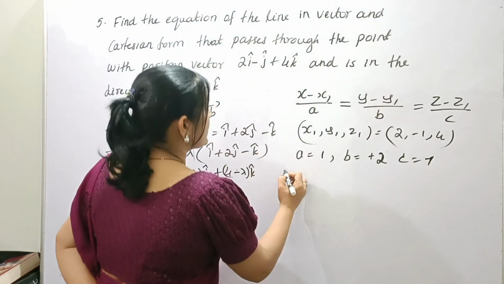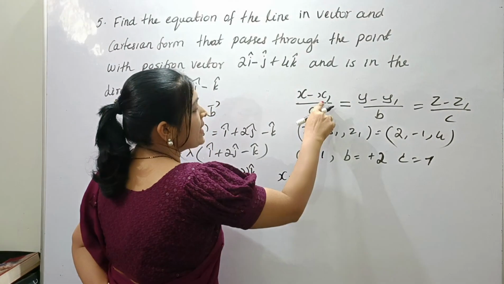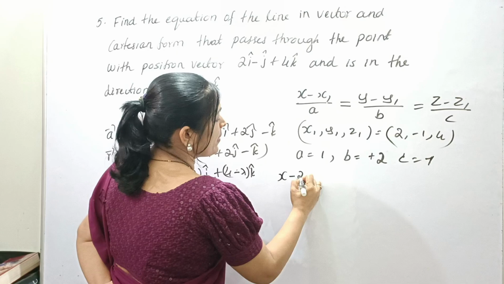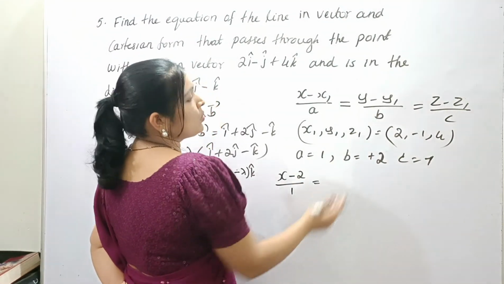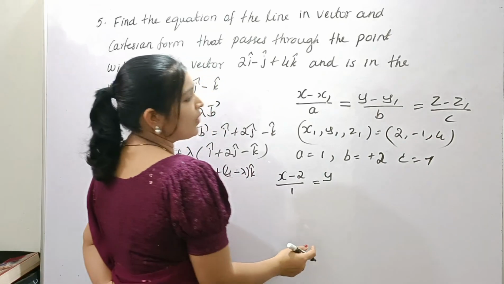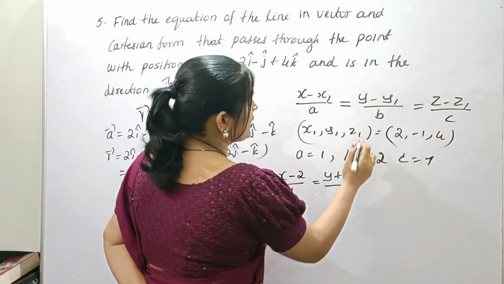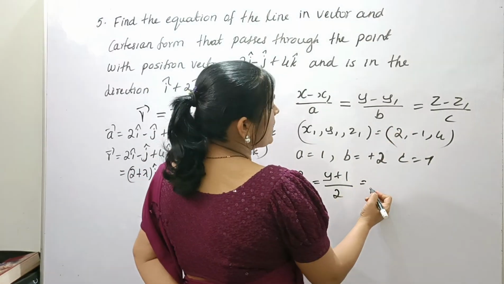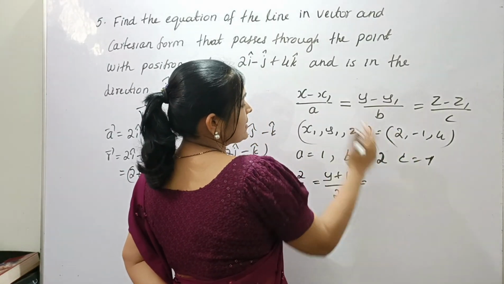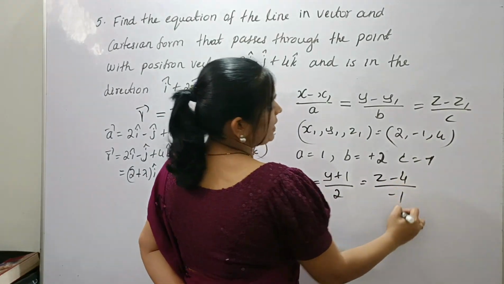Then substitute here. The Cartesian equation of the line is (x − 2)/1 = (y + 1)/2 = (z − 4)/(−1).